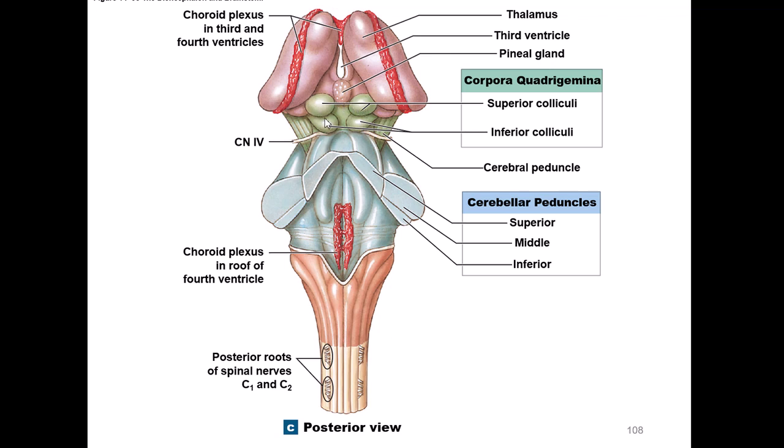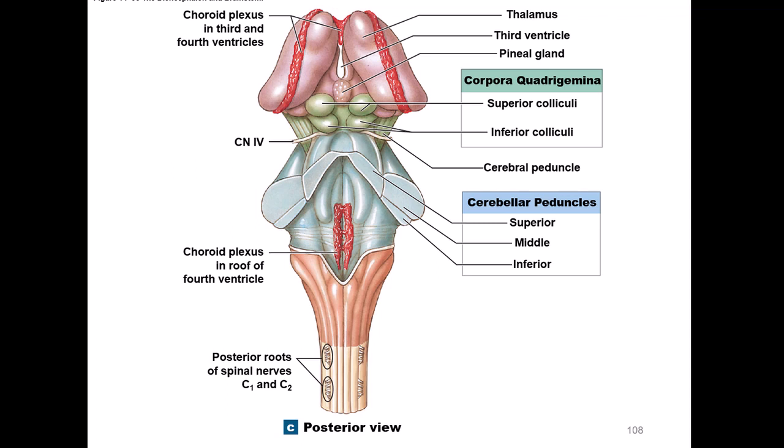These four round bodies collectively are known as the corpora quadrigemina. The top two are known as the superior colliculi, and the bottom two are known as the inferior colliculi. The superior colliculi help to control some visual reflexes, while the inferior colliculi control some auditory reflexes.